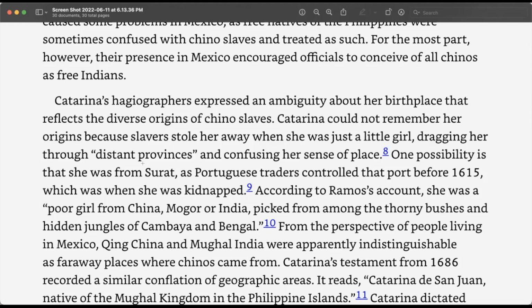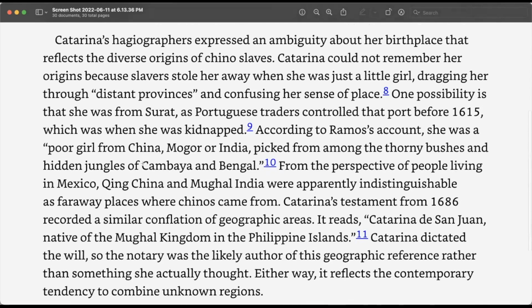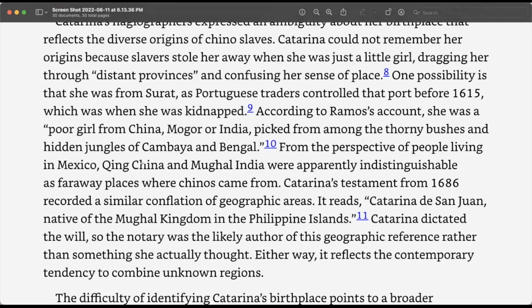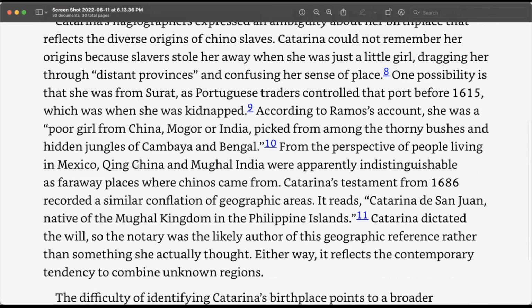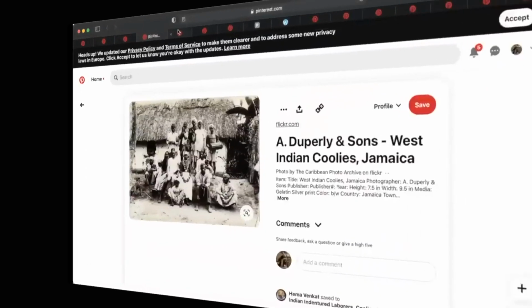Katarina's testament from 1686 recorded a similar conflation of geographic areas. It reads, Katarina de San Juan, native of the Mungal Kingdom in the Philippine Islands. Katarina dictated the will, so the notary was the likely author of this geographic reference rather than something she actually thought. Either way, it reflects the contemporary tendency to combine unknown regions.